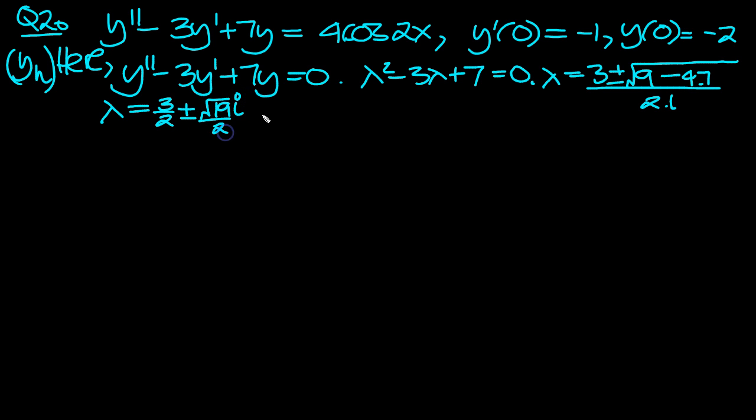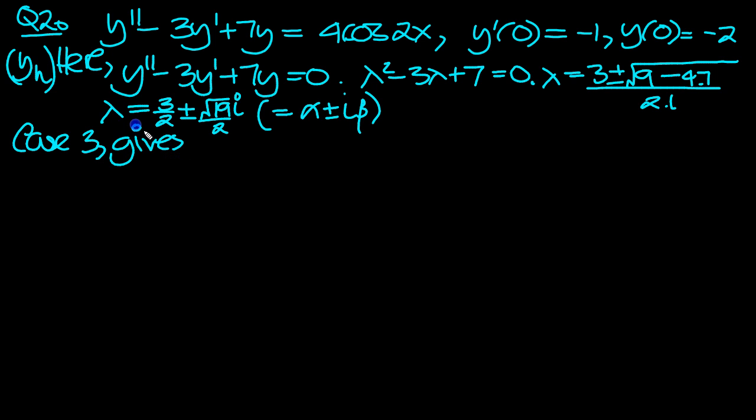19i over 2. And we have to compare that with alpha plus minus i beta. So we can see what the alpha and beta is. This is case 3, the complex case. So what have we got for that then?